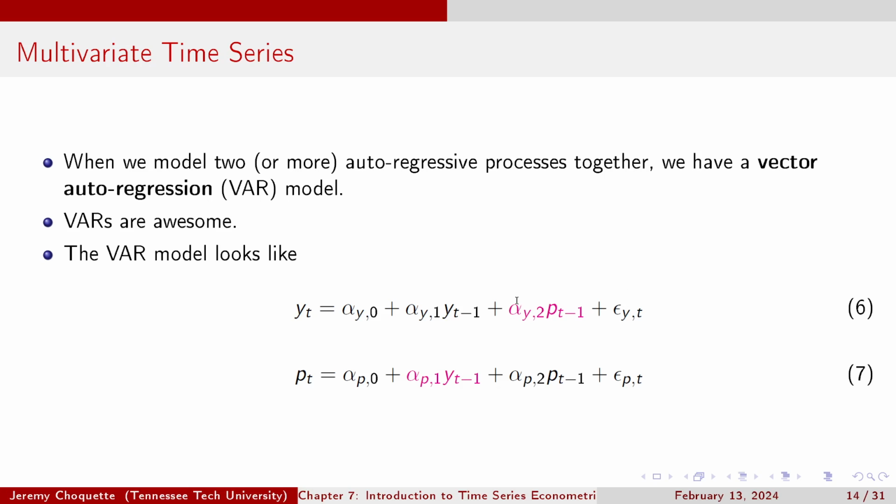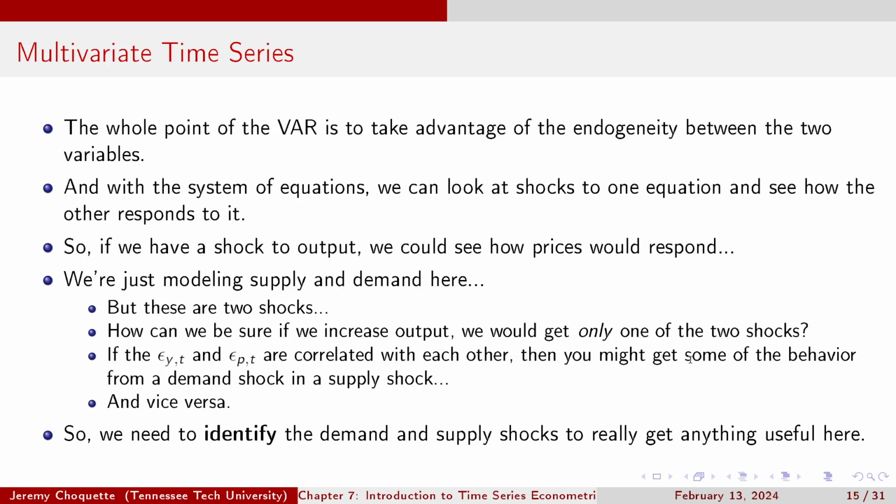So I've got a stream of data here, and a stream of data here as well. This stream could be correlated with this stream. And if they're correlated with each other, we might have a bit of an issue, because if I'm trying to find a shock to one of them, I could get elements of a shock from the other.